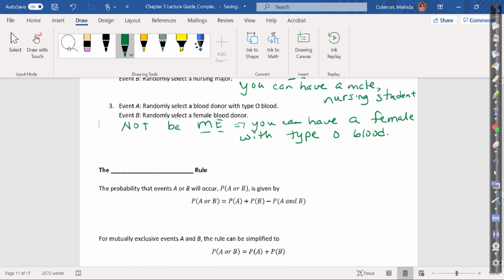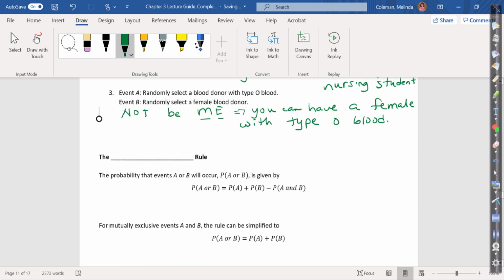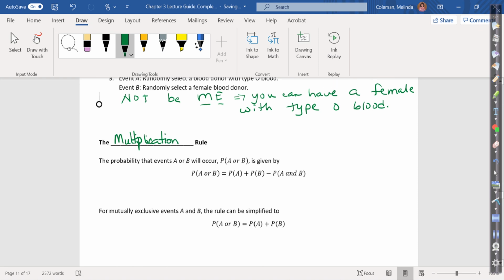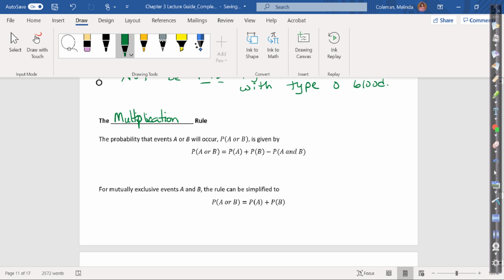So now we actually get to the rule, the actual addition rule. The rule says that for events A or B occurring, the probability of A or B, so notice the word or, is given by the following formula.